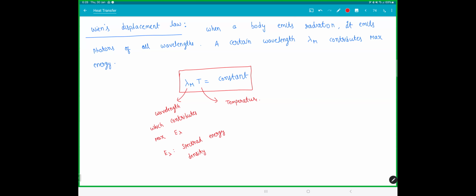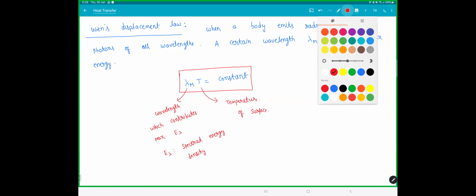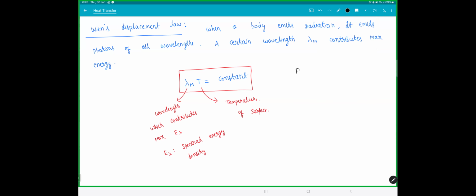Again, T is always in Kelvin. For black bodies, this constant becomes 2.88 times 10 power minus 3 meter Kelvin.